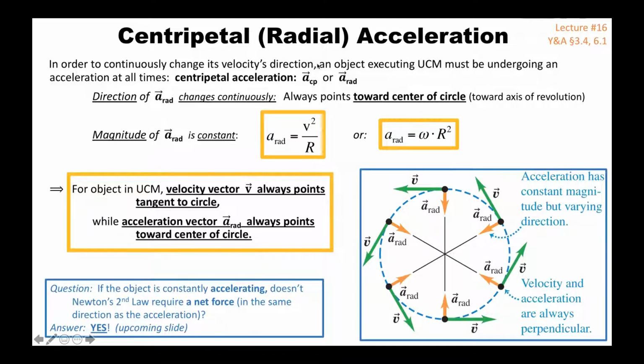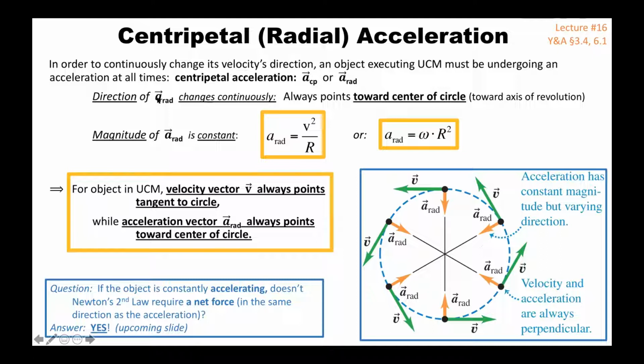So we're going to call this acceleration of the object that's tracing out this circular motion the centripetal acceleration, or also the radial acceleration. Our book uses the rad subscript. Other books use just a C or a CP for centripetal, and it's the same thing. So this acceleration vector will always point toward the center of the circle, right, or toward whatever the axis is of the revolution of the object that's tracing out a circle.